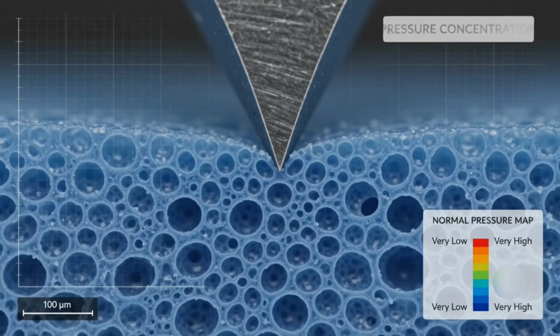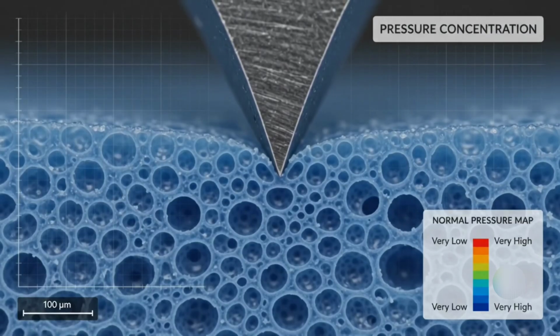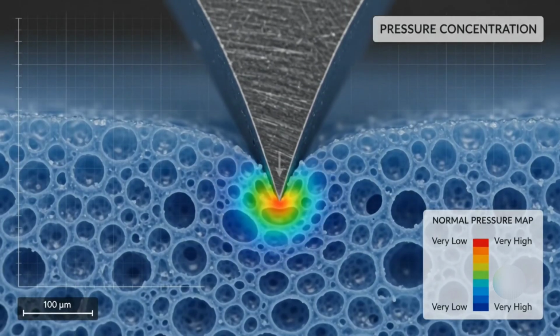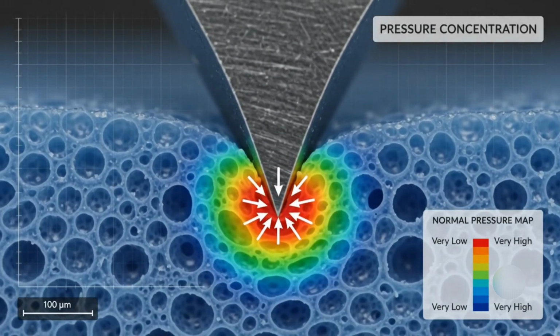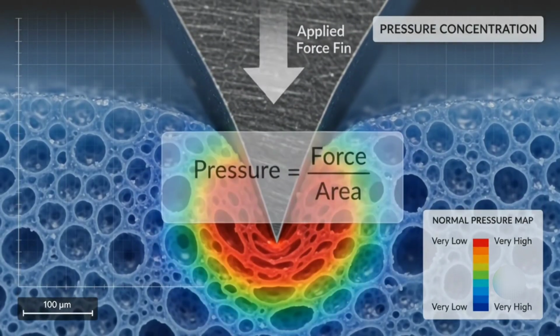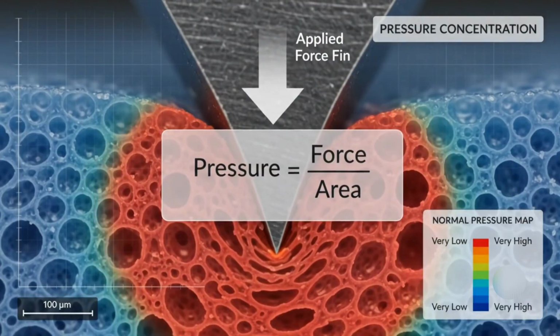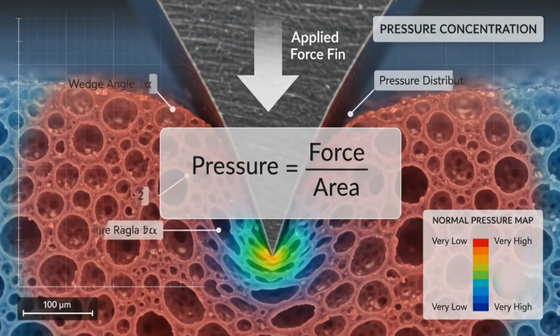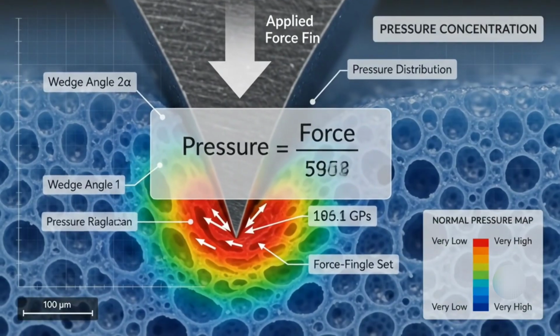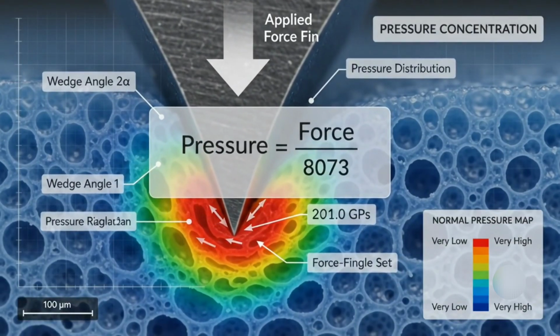The wedge works by concentrating force into a very small contact area, which greatly increases pressure. Pressure equals force divided by area. Because the contact area is small, even moderate forces can create extremely high pressures, capable of cutting, splitting, or piercing materials. Knives, axes, chisels, and nails all operate using this principle.